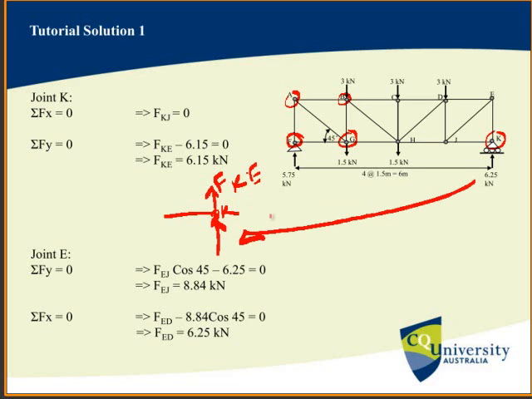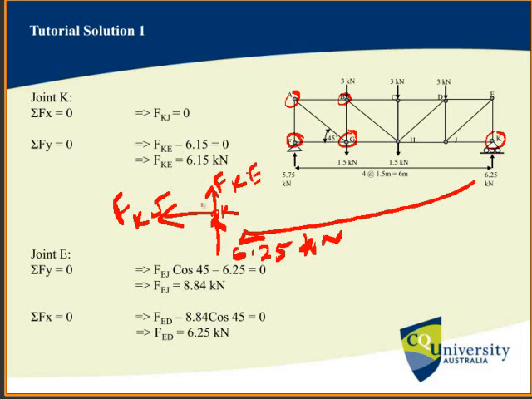This one 6.25 kilonewton. Is that okay? And the forces FKJ of KJ.